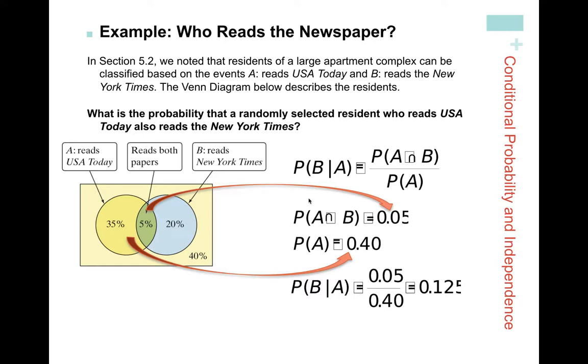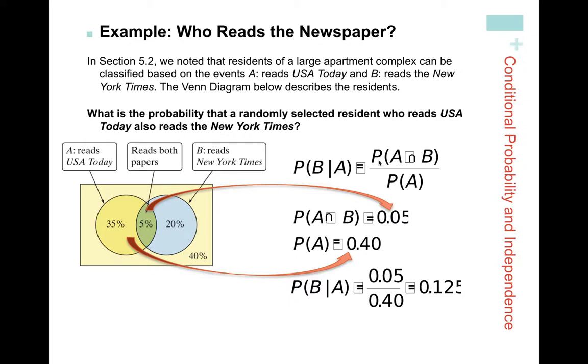And so what do we know? What is the probability if we randomly select somebody out of this entire sample space that they read the New York Times, given that we know that they already read the USA Today newspaper? Well, to calculate this probability, this doesn't show up on here, so we have to calculate this by using the general multiplication rule.